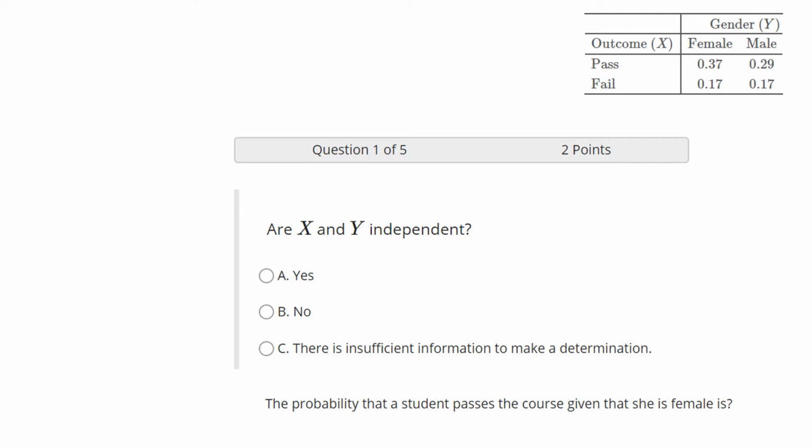This is a simple question, but requires a little bit of work, because we know that independence is given by the following rule or definition. If the joint distribution of X and Y equals the product of the marginal distributions, then we know that X and Y are independent.